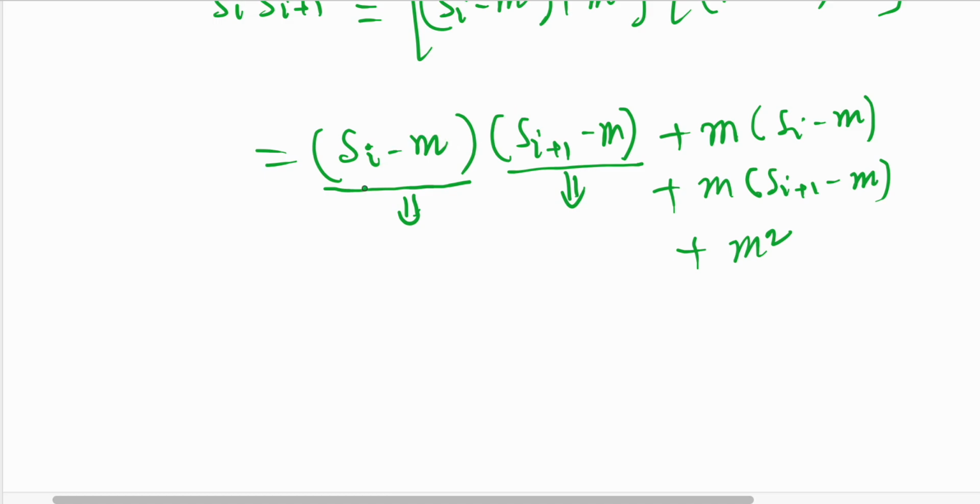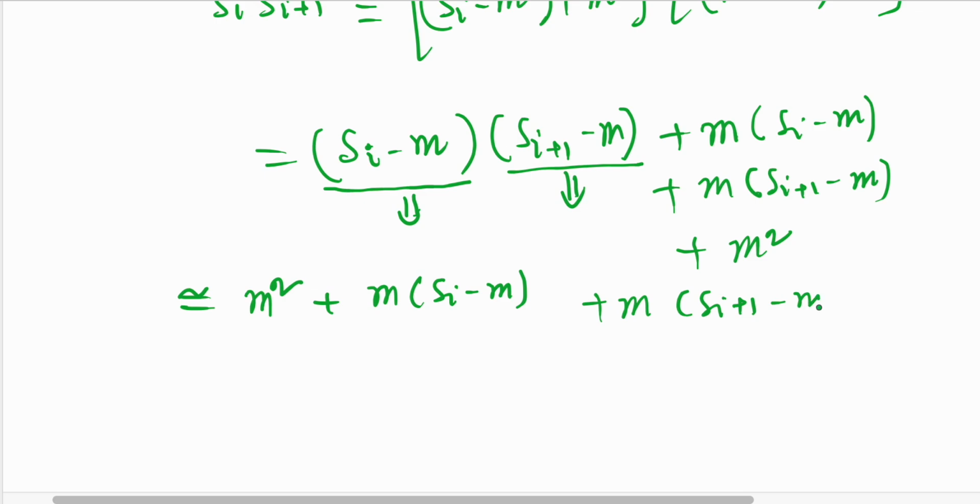That's why, if we are working at a mean field level, we can safely neglect these second order fluctuations, because Si minus M is itself very small, so we keep only up to first order. Then we can write it as M square plus M(Si minus M) plus M(Si plus 1 minus M) plus M square.